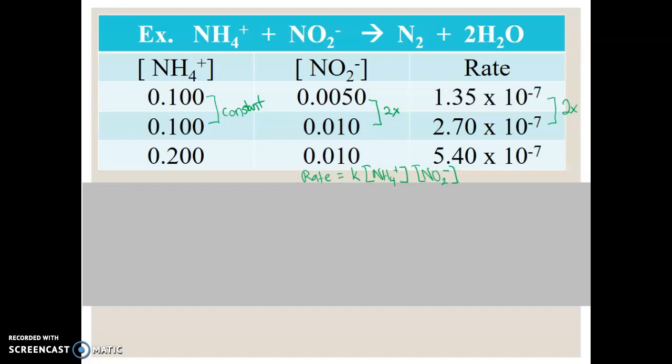And so with 2 times to 2 times, that's 1 for 1, so that is first order. And then for our other reactant, if we look at, this is doubling here. This is being held constant.